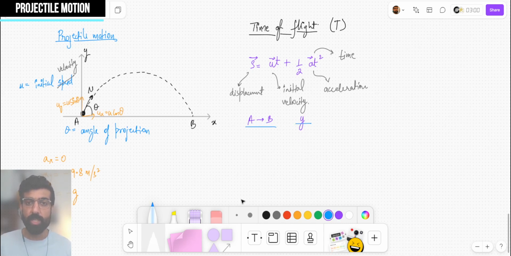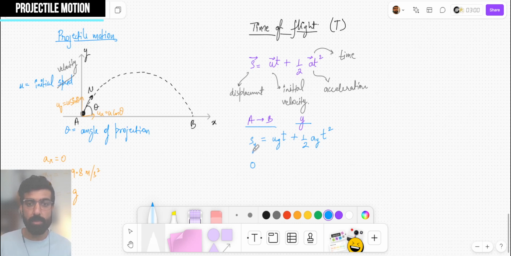Once we convert this equation to the y direction, we have Sy, the displacement in the y direction, equal to Uy, the initial velocity in the y direction, times t, plus half Ay, the acceleration in the y direction, times t square. Now the displacement from A to B in the y direction is 0, because when the particle goes from A to B, it only displaces itself to the right and not up or down.